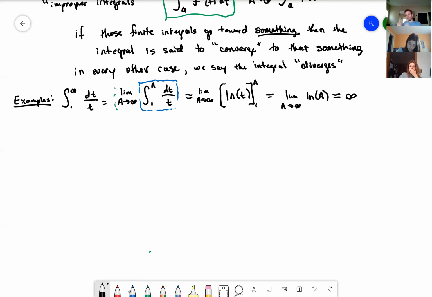Now, this looks like we're assigning a value to it, but what we would be more precise in saying we're doing is saying this thing diverges, but it diverges in a particular way. It diverges towards an arbitrarily large number. If we take larger and larger a's, we keep getting larger and larger values for the output.